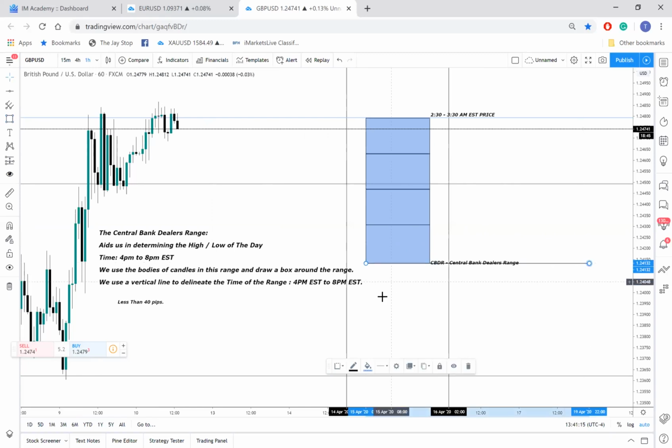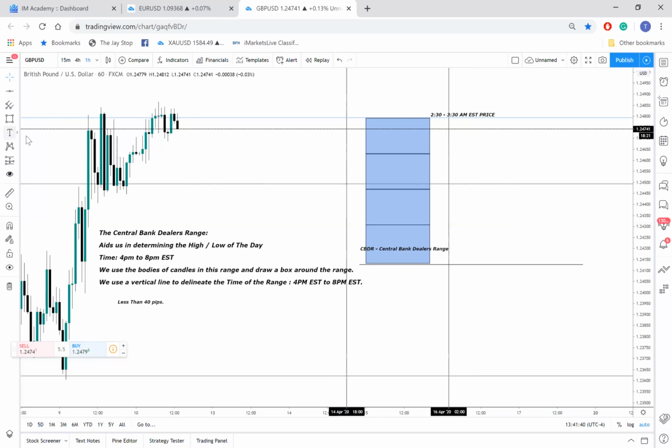And there's going to be a build up of orders there where they bought into, right? Because they're manipulating price. The banks are manipulating price to reach that deviation for them to hit a premium price for them then to sell short. So this would be your draw on liquidity, right? Your central bank dealers range would be your draw on liquidity.